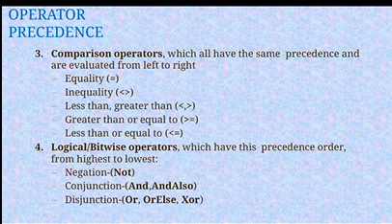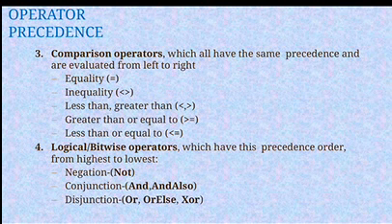And comparison operators, the relational operators, all have the same precedence and are evaluated from left to right: equality, not equal, less than, greater than or equal, less than or equal.